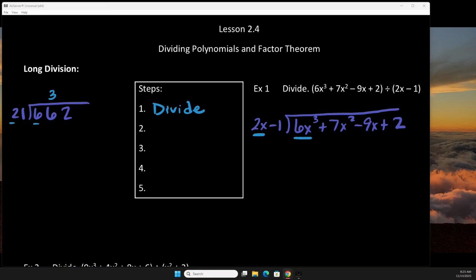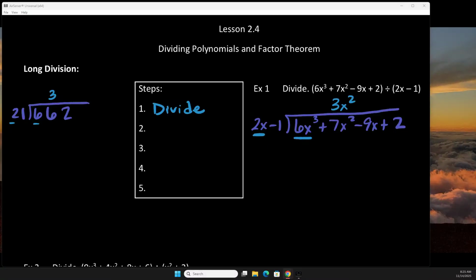The answer is 3x squared. You multiply 2 by 3 to get the 6, and then this is the x. If you multiply it by x squared, you're adding the exponents, and that gives you the cubed. Sorry, I'm going to color code this.